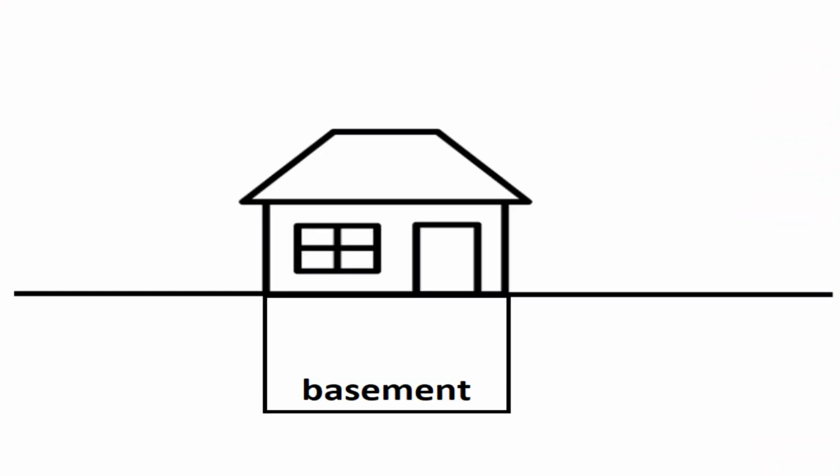So here's something that can be done. Remember, the water has to get cold to freeze and then expand and push on the house. So if I build my house with a basement, my basement is always going to be kind of warm. I'm going to run a heater, or it's just going to have some residual heat from the house, which means my basement is going to keep the ground around the house a little bit warmer.